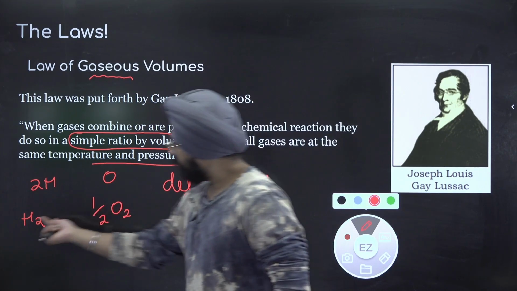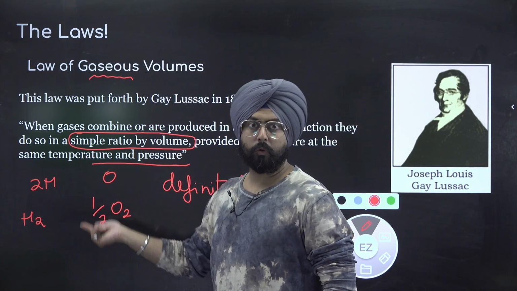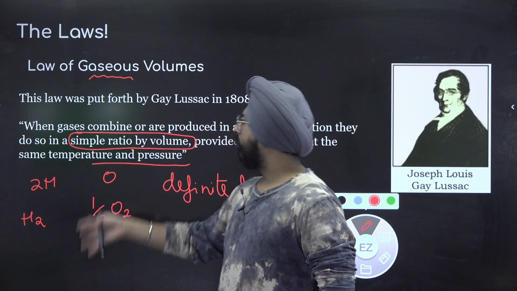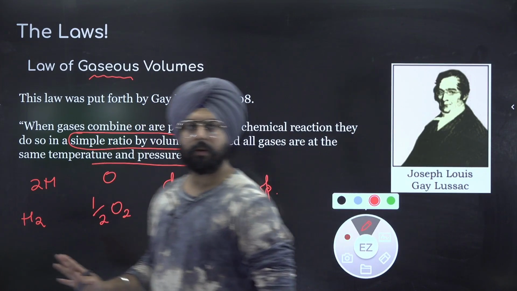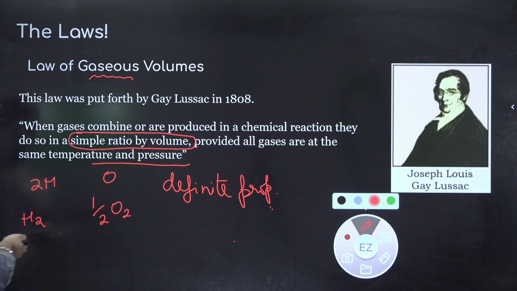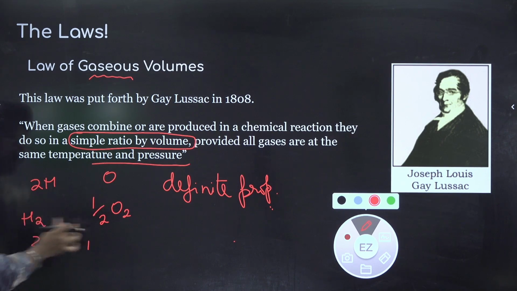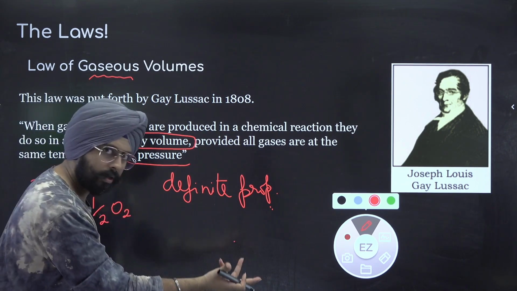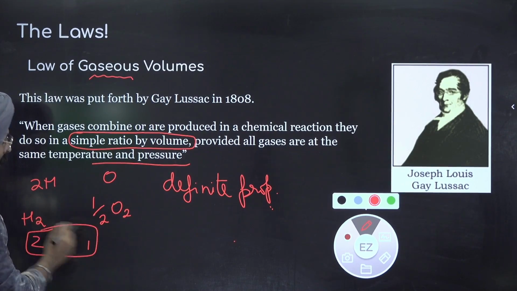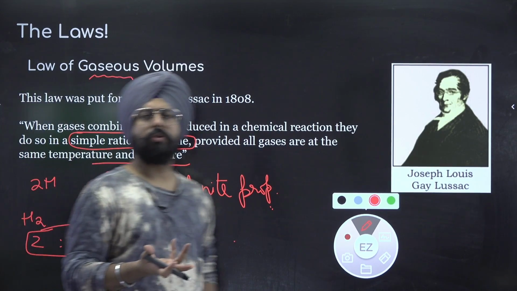Right? So the same ratio will be followed when you talk about volumes. What is the ratio over here? Ratio is simply 2:1, isn't it? 2 of hydrogen, 1 of oxygen. 1 of hydrogen, half of oxygen, right? 2:1 ratio. The same ratio will basically be followed by volumes also.